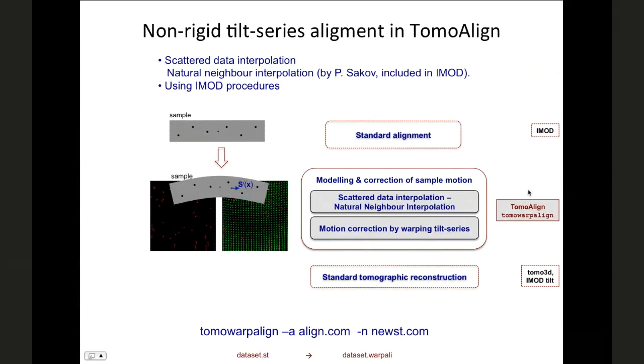And to run TomoAlign, this is the command, and we have to add align.com and newst.com coming from IMOD, and internally TomoAlign takes all the parameters it needs and produces, from the original stack, the warped aligned tilt series. Let's see an example.